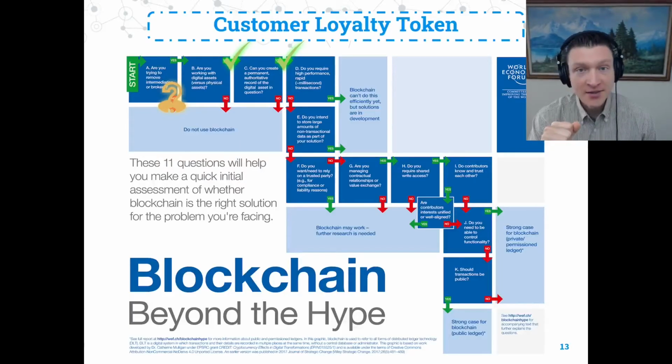And in this case, yes. Right? All of these transactions can be recorded by someone and reported in the form of a token somewhere. High performance, that's definitely dependent on the scale, right? If this really did take off and was used widely, then we might need very high transaction performance here. So it really depends. Do we intend to store large amounts of non-transactional data?